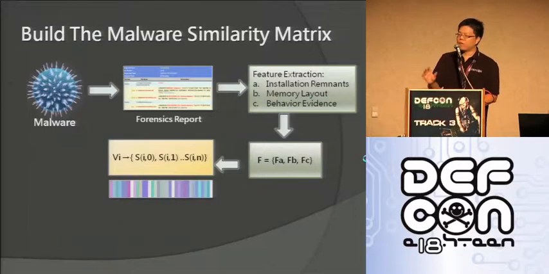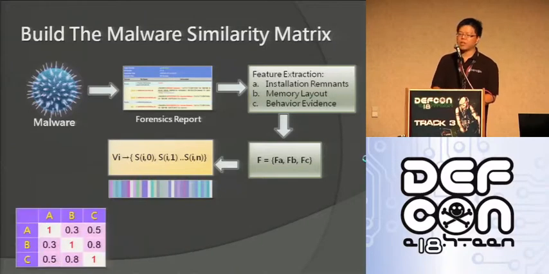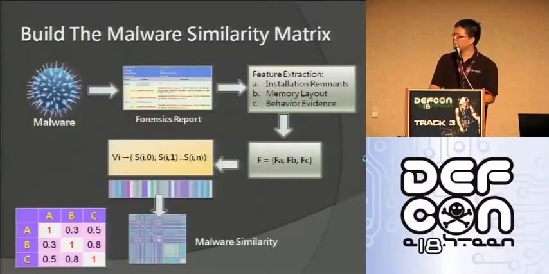And then every malware that has this score will be compared against another malware instance, and then you can get a similarity. We compare with every malware instance, you get a vector of similarities, and then finally you get a matrix of similarities. This is how we come up with the matrix.